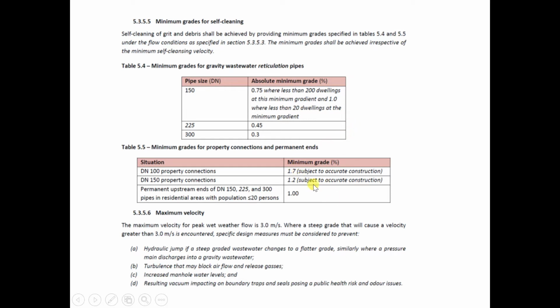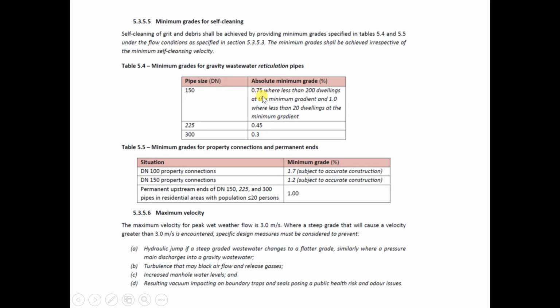Okay, so we need to have a slope of minimum 1 in 83.33 or 1.2%. The absolute minimum is 0.75%.